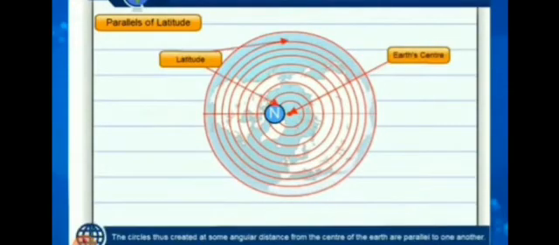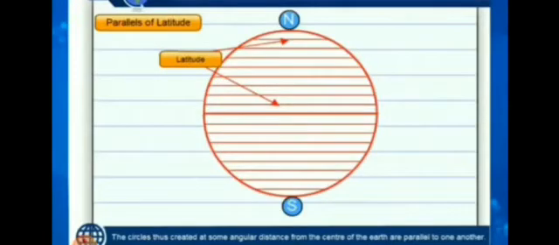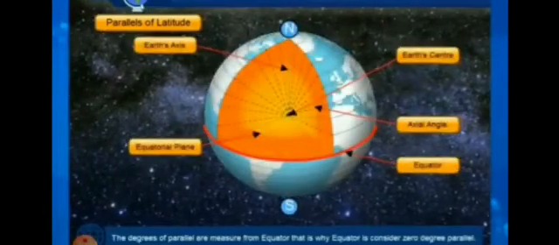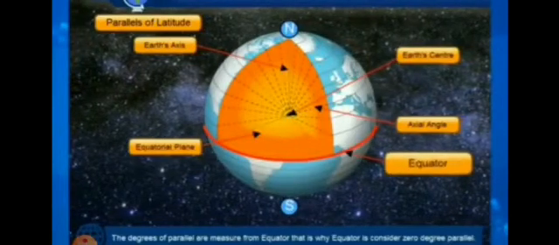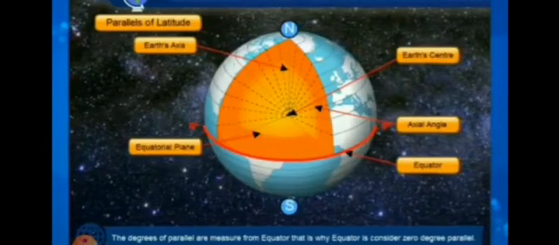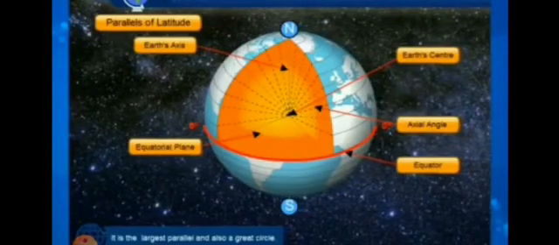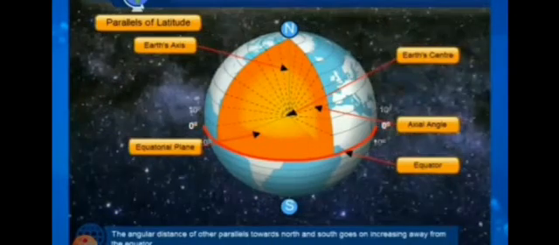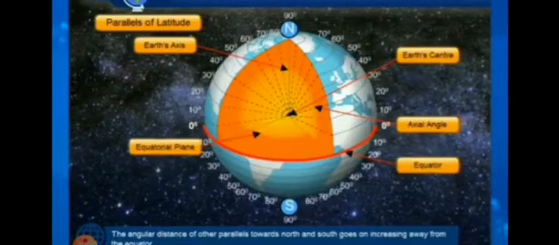The circles thus created at some angular distance from the center of the earth are parallel to one another. Hence, they are called parallels of latitude. The values of parallels are angular measures expressed in degrees. The degrees of parallels are measured from the equator. That is why the equator is considered as the 0 degree parallel. It is the largest parallel and also a great circle. The angular distance of other parallels towards north and south goes on increasing away from the equator.